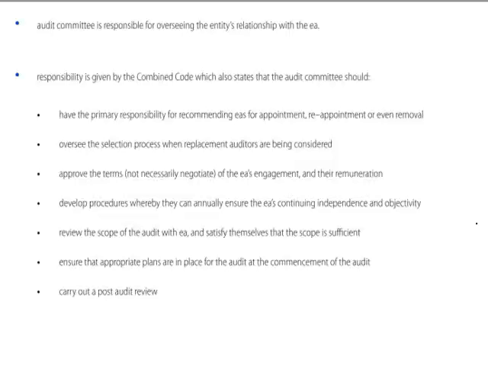But what about this next one? Review the scope of the audit with the external auditor and satisfy themselves that the scope is sufficient. That frightens me. Who is the person or who is the body who is signing the audit report? It's the external auditors.